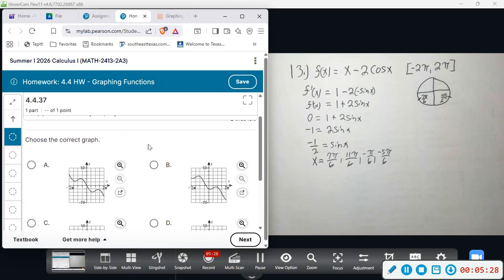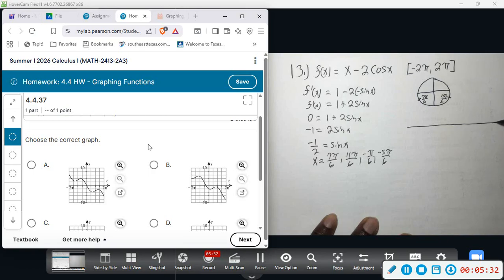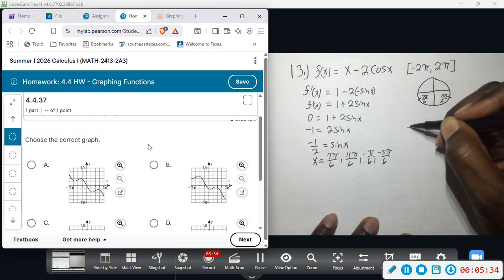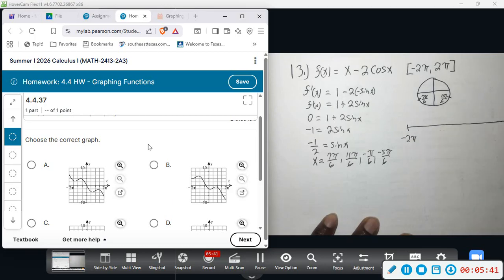All right, so now we're going to do our test for increasing and decreasing intervals. That will let us know if there's a local maximum or minimum at each of these points. And then let's just put 0 in the middle. Negative pi over 6.